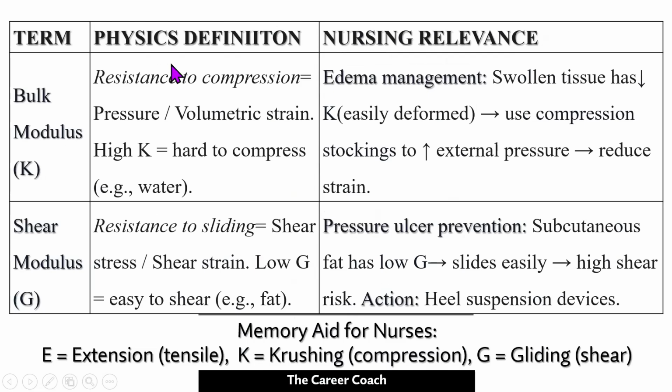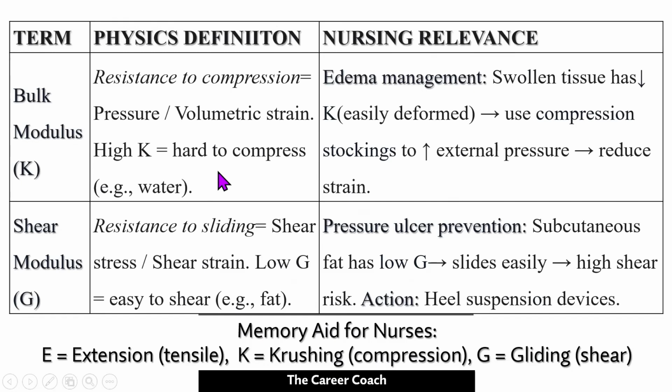Bulk modulus. Bulk modulus is resistance to compression. It is equal to pressure divided by volumetric strain. High bulk modulus results in hard compression. So when an object has high bulk modulus, it is very difficult to compress.